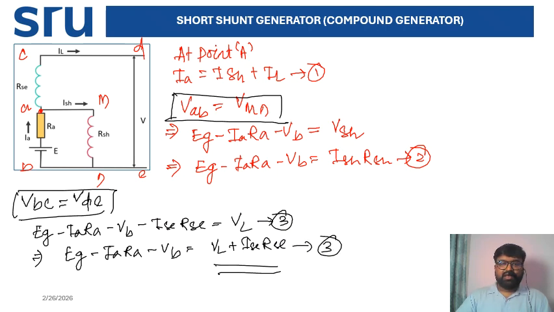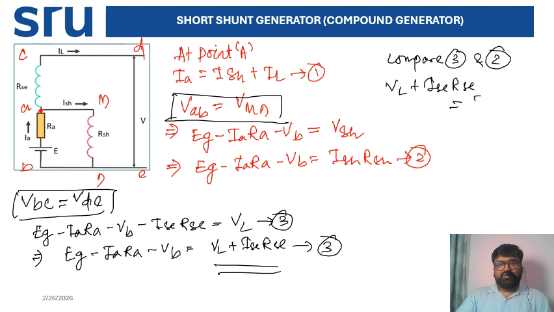Then if we compare equation 3 as well as equation 2, we get another equation, that is VL plus ISC into RSC equal to ISH into RSH. If any factor is given, then you can easily calculate the current.